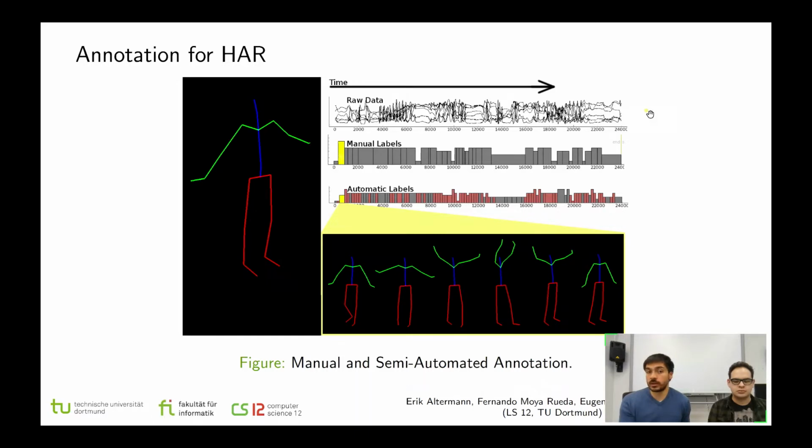Annotating 1 minute of data has been reported to take around 45-50 minutes of annotation time. For example, in the case of annotation for activity recognition in warehousing, manual annotation and automatic annotation have already been investigated.